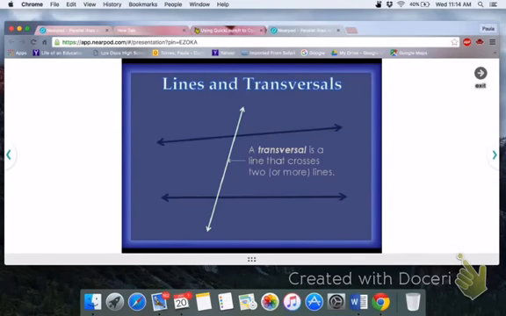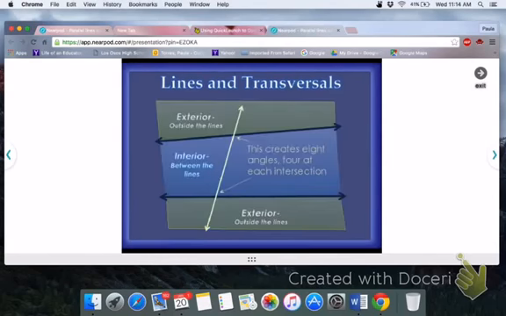And then we have a new word, transversal, which is simply a line that crosses two or more lines. So when a transversal crosses two lines, I have 8 different angles, and as you can see, I could actually number them so that we could see 1, 2, 3, 4, 5, 6, 7, 8 different corners.